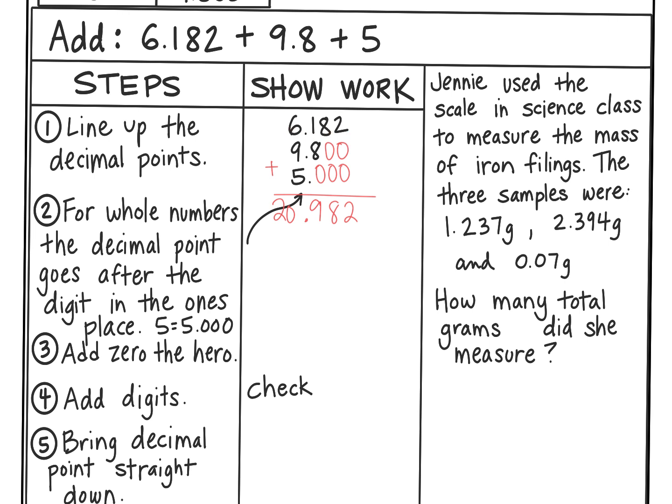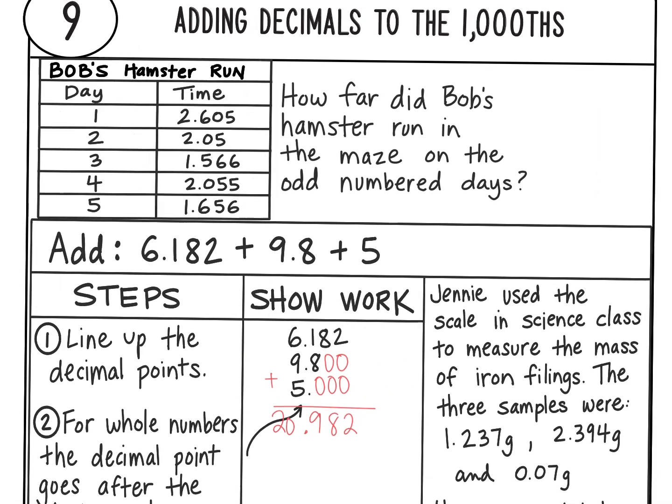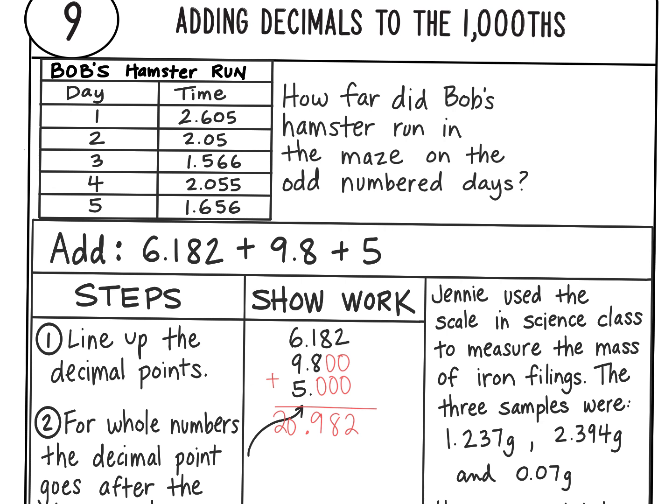All right, looking back at the problem that we just looked at with Bob's hamster run, okay? How far did Bob's hamster run in the maze on the odd numbered days? So I'm going to be looking at this number, and this number. First thing I want to do is make sure that I line up the decimal points when I write my numbers down.